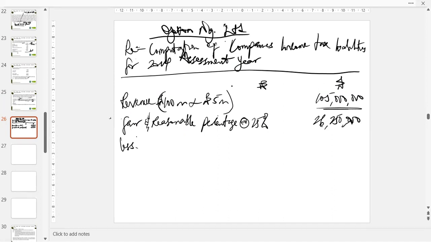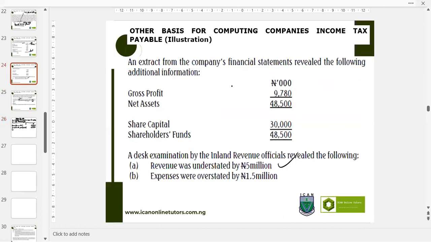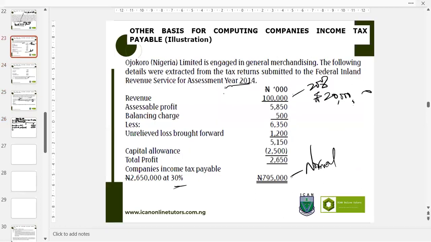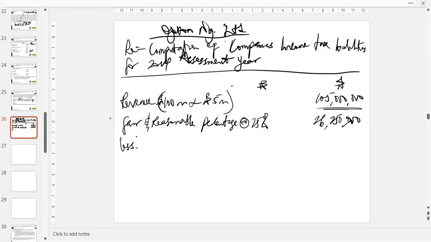So, do you have any loss relief? Unrelieved losses brought forward are 1.2 million naira.